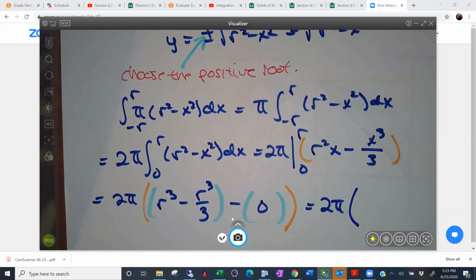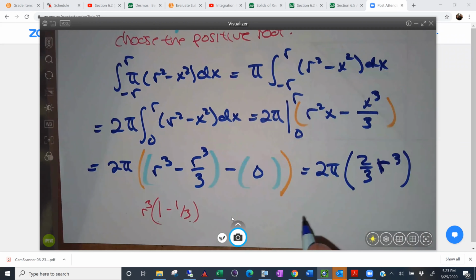And essentially what I've got here, if you factored out the r cubed, it'd be left with 1 minus 1/3. What's 1 minus 1/3? 2/3. So 2 pi times 2/3 r cubed would be 4 pi r cubed over 3.